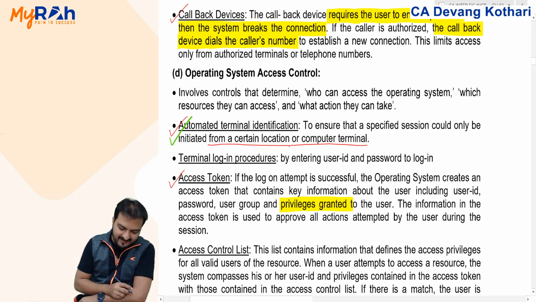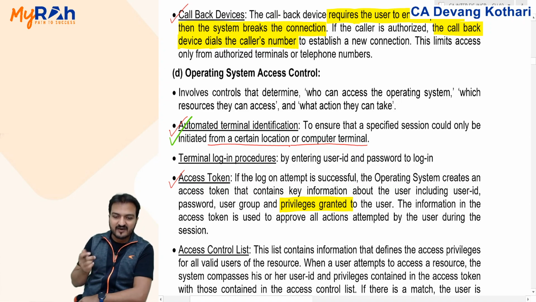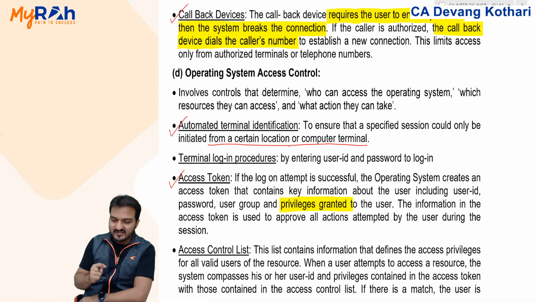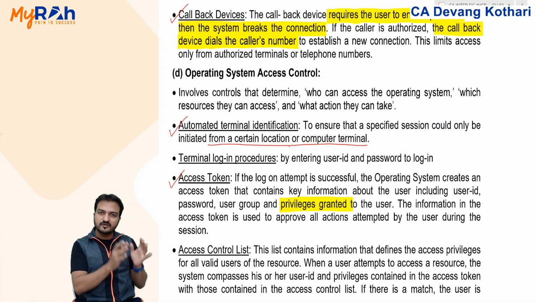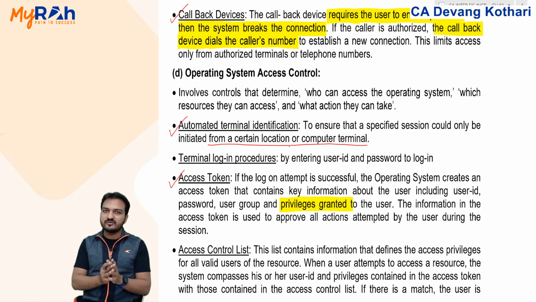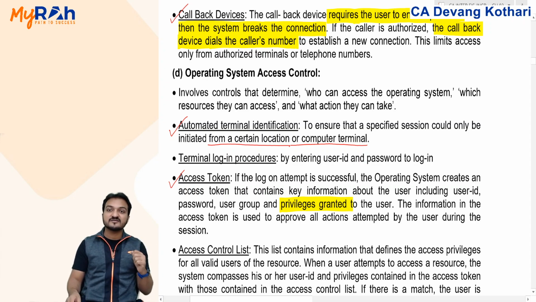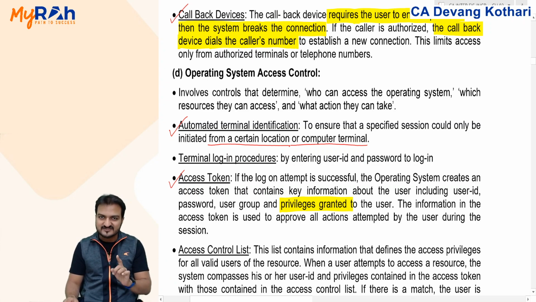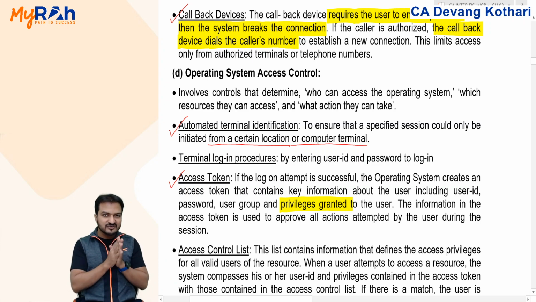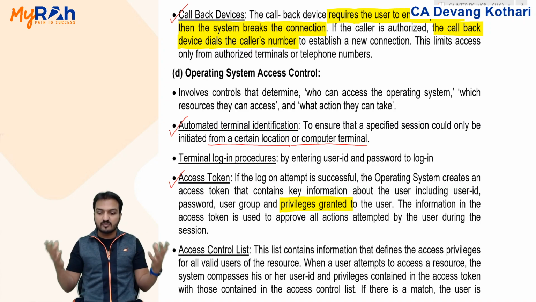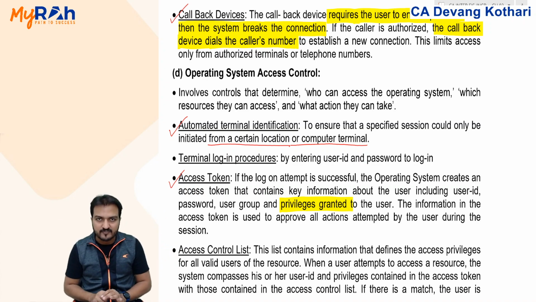Further, automated terminal identification. Servers might have this control such that when you access the server from a particular terminal, only then you are allowed the access. For example, purchase employees can access only purchase data, but they can access purchase data only from the computers in the purchase department.